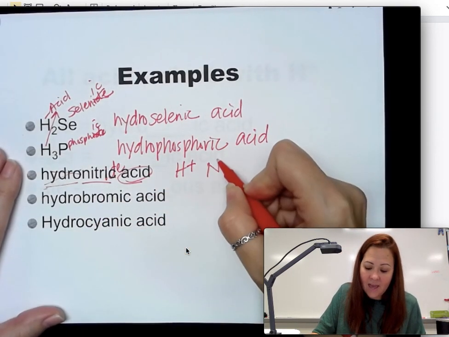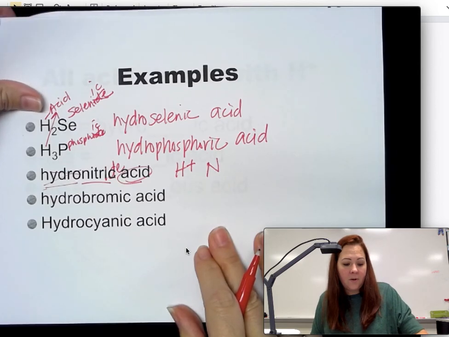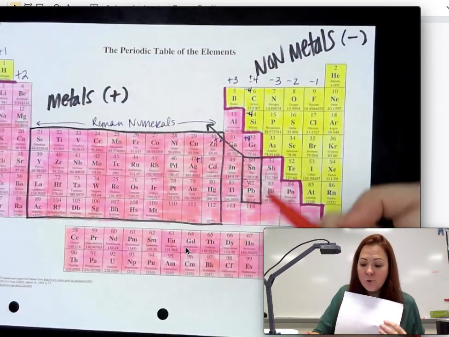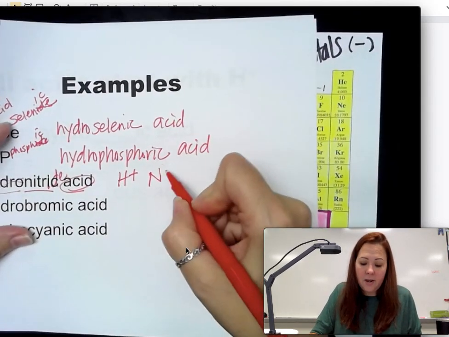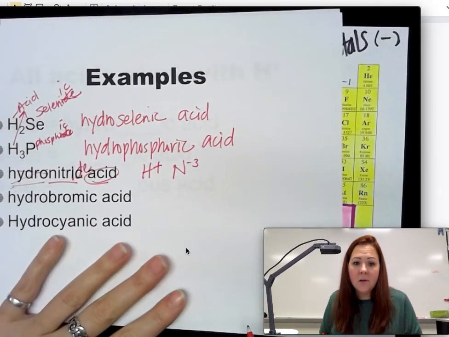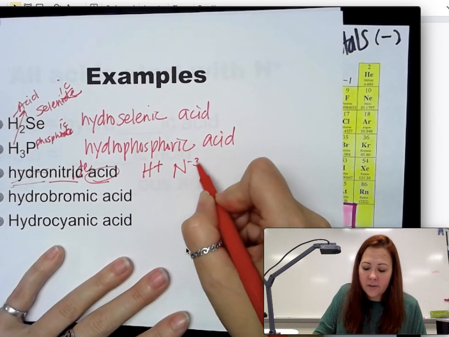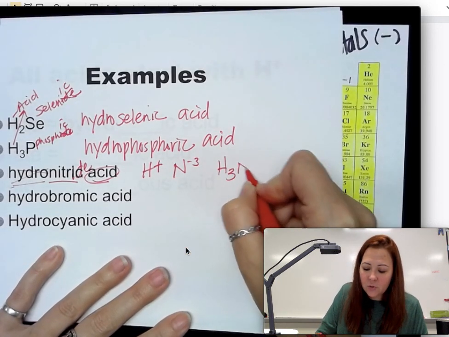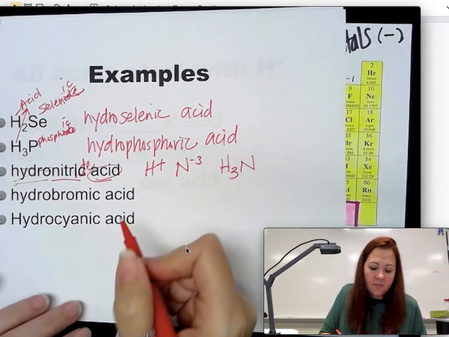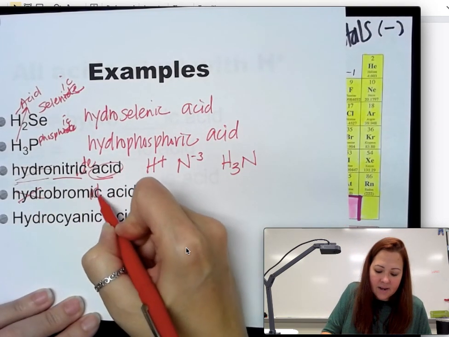Nitride is N. When we go to our periodic table, nitrogen has a -3 charge. So I'm going to put N -3. So when I go to swap and drop here, the 1 and the 3 travel to be H3N.